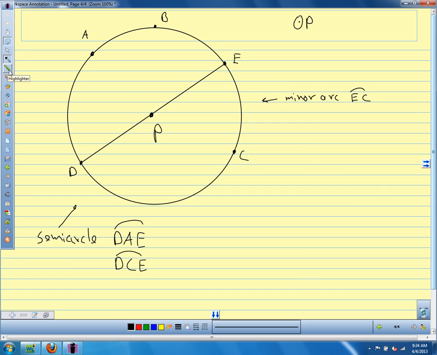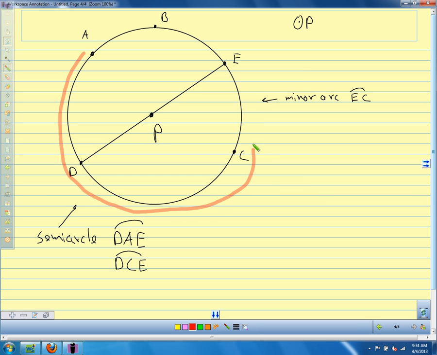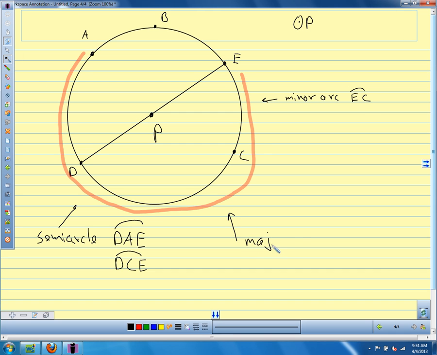All right, so let me label a major arc. I'm going to do a highlighter kind of around the outside. So I'm going to go here, go around. So I have a major arc ACE.